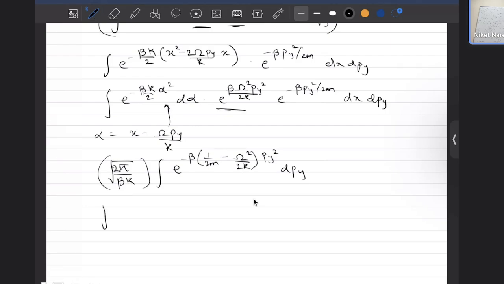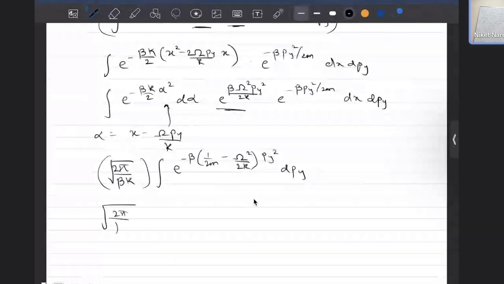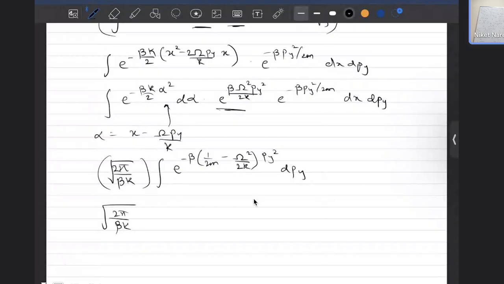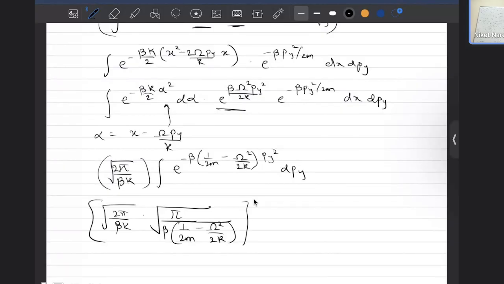So this gives me square root of 2 pi by beta kappa multiplied by square root of pi by beta into 1 by 2m minus omega square by 2 kappa. This is my z.